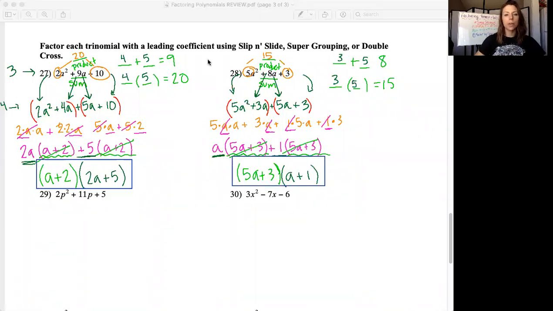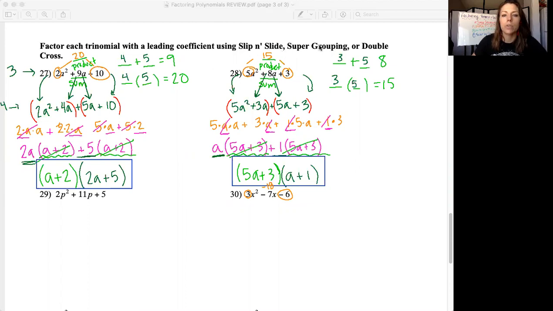All right, I'm going to skip number 29 because it's very similar to 27 and 28, and we'll end with number 30. Number 30, I didn't give myself a ton of space to do this, so that's okay. Multiply 3 times negative 6, and that gives you negative 18, which is our product.